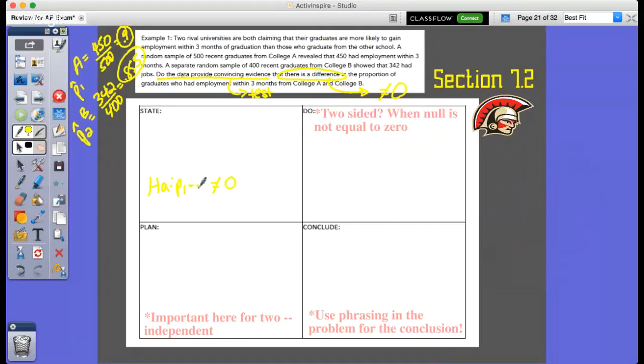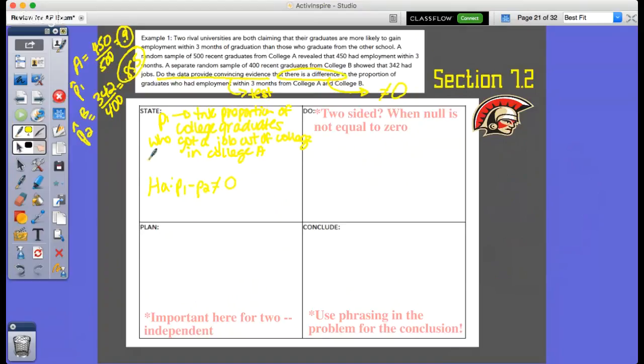We'll say P1 minus P2, where P1 is the true proportion of college graduates who got a job out of college in college A.